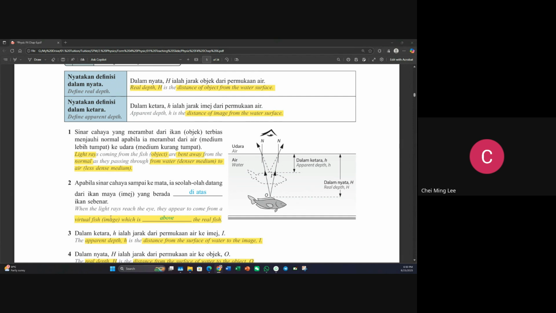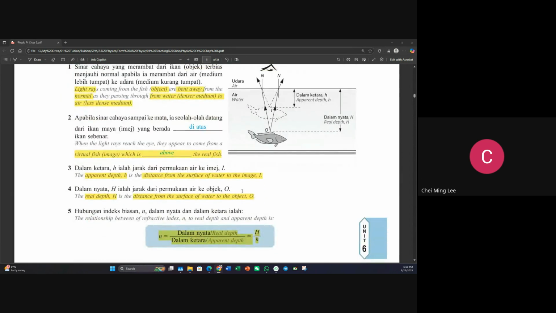The image of the fish is above the real fish. The apparent depth is the distance from the water surface to the image, and the real depth is the distance from the water surface to the object. The relationship is N, the refractive index, equals real depth over apparent depth. You understand that? Right, jot this down.